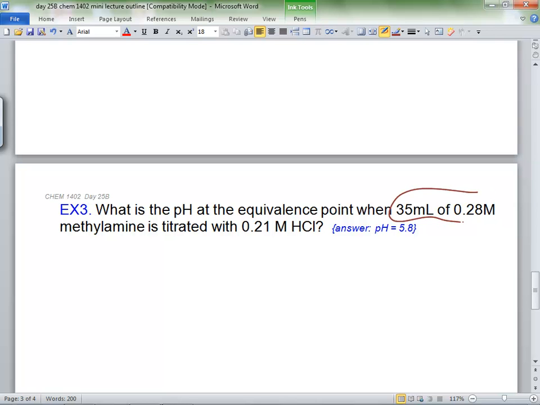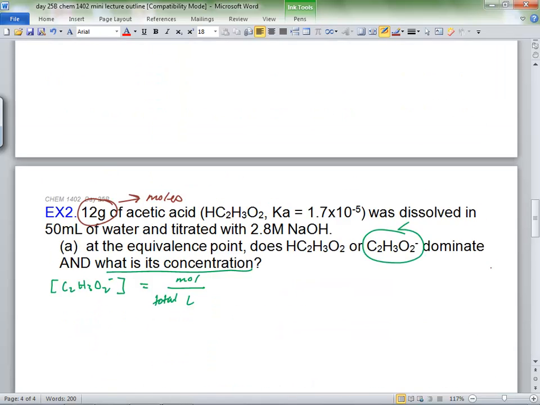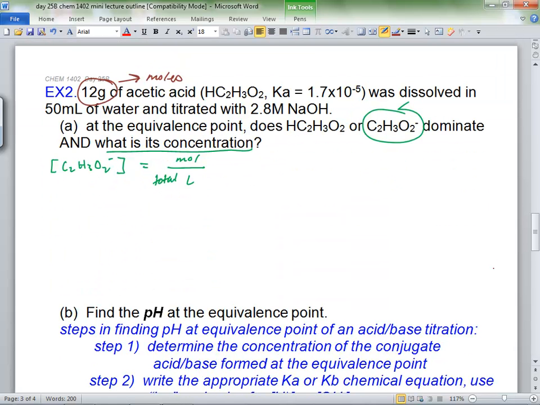We just set up a big M equation, right? Remember doing this? Big M equals moles over liters, and then you just solve for your moles. You'd have 0.28 equals moles over 0.035. Remember doing that? But not in this case. He caught it. I didn't think he was going to catch that. Yeah, just molar mass. Convert the grams into moles, and you're done.